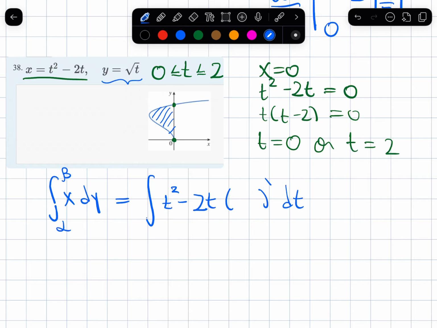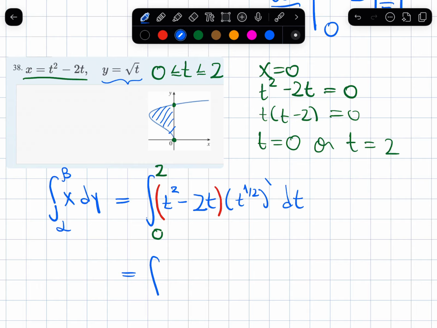But note that the square root of t is the same as t to the power 1/2. And also a very common mistake here is to forget that this dy needs to multiply the whole thing. See here, dy was multiplying all of x. This is all of x. So it needs to multiply everything. You protect the entire expression with parentheses there. And then I'll add my limits of integration from 0 to 2 like I calculated before.